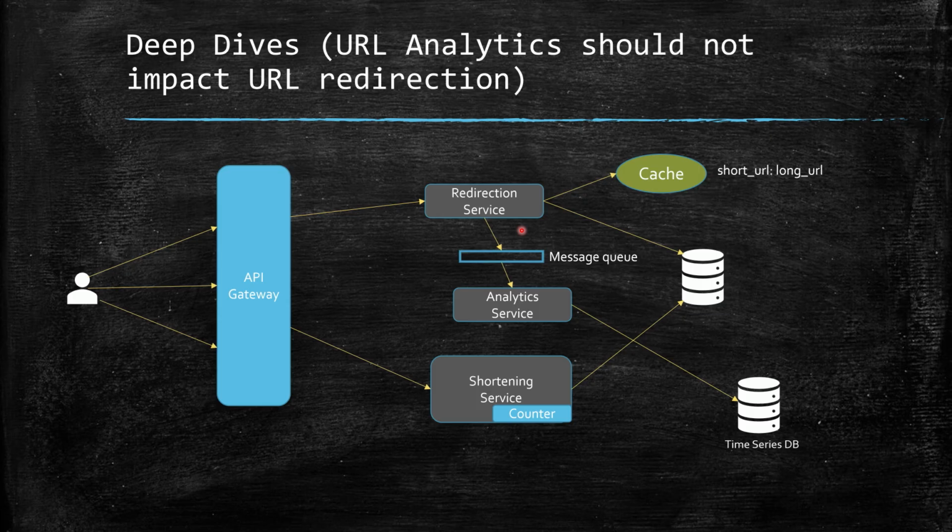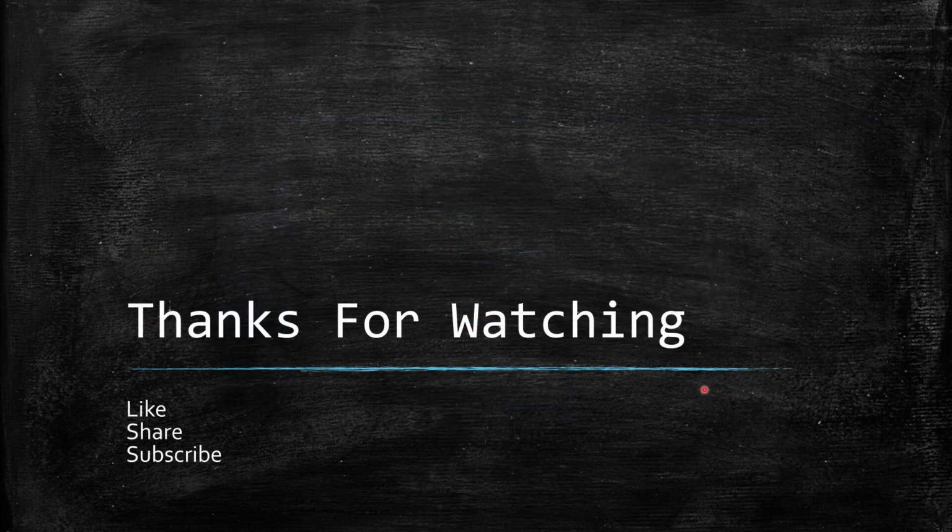Number of clicks, and then your time will be on the x-axis. So for that, it's really recommended that you use some kind of an analytics DB or a time series DB to make things easy on the analytics service. And you can use a separate database here than your primary database, so you are not impacting it by having a lot of writes there. So I think that's it for this system design.